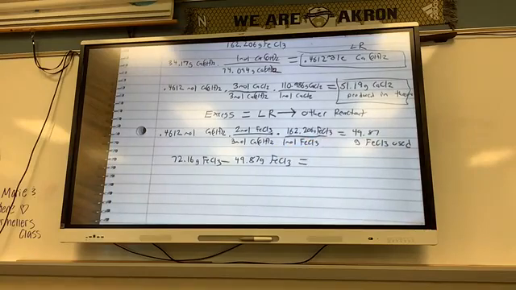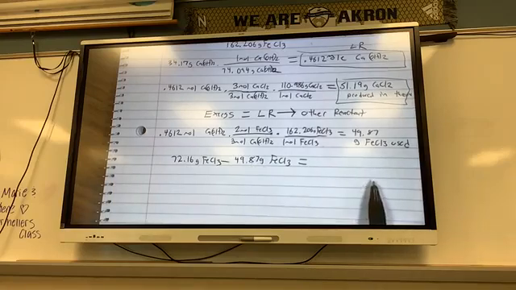That's monster truck chemistry right there. How many after the decimal will my answer have? 2. Why? Because significant figures. How many after the decimal in this number? 2. In this number? 2. So this is going to have 2, because when you subtract, it's the least amount after the decimal.